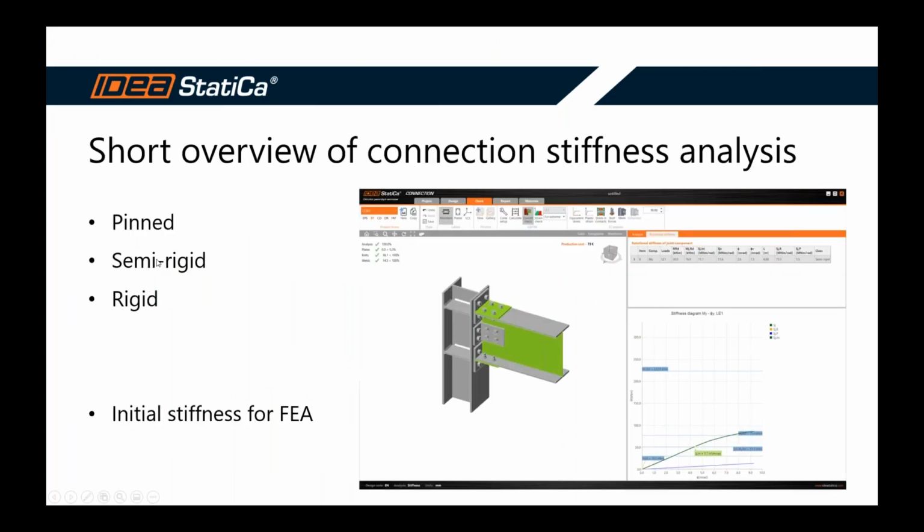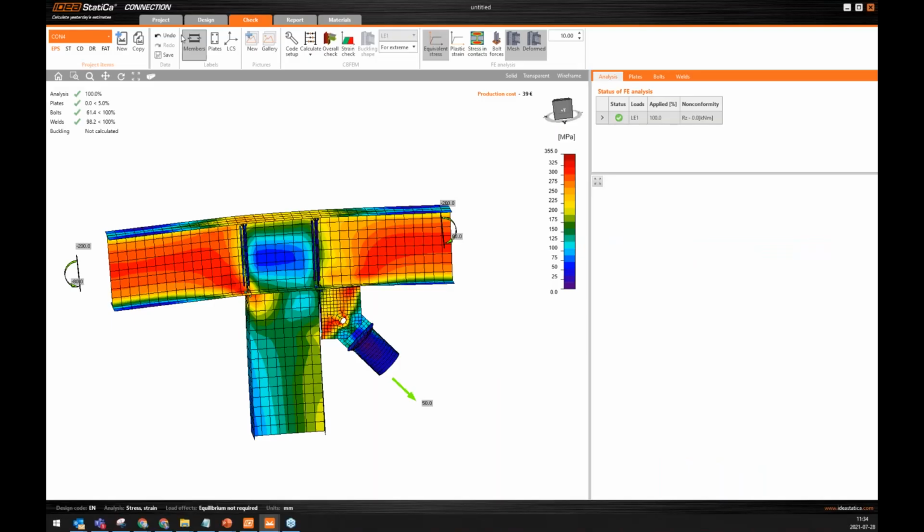In a very few minutes, because we are now behind time: if you are not sure whether your connection behaves more like a rigid connection that provides a lot of rotational stiffness, or it's more pinned, or somewhere in between, you can always run the stiffness analysis in StatiCa Connection.